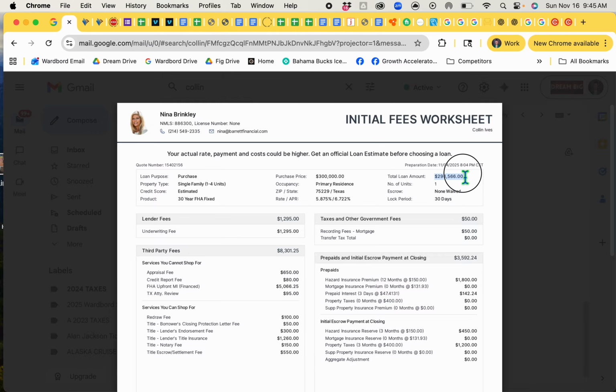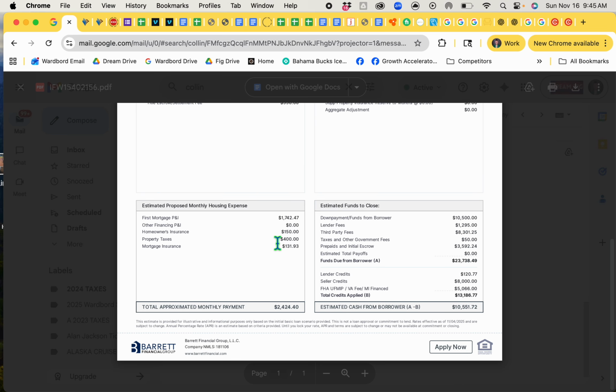Now our loan amount is going to go down because we're going to be in the 260s, 270s max. We just need to make sure that the property taxes on the house align with what we're trying to do, and that the homeowner's insurance policy is something manageable.